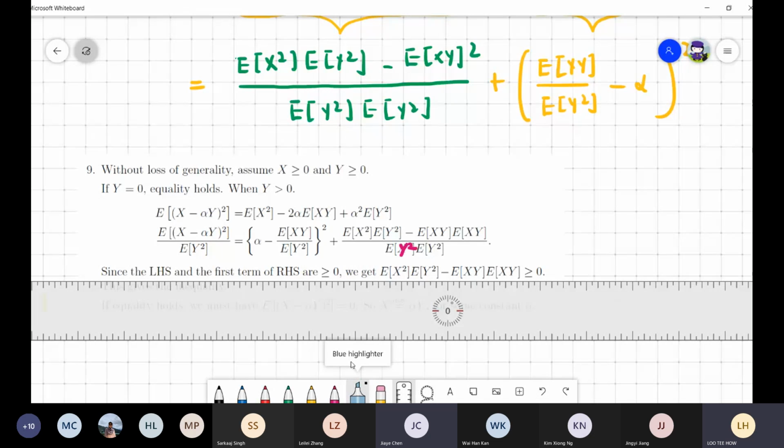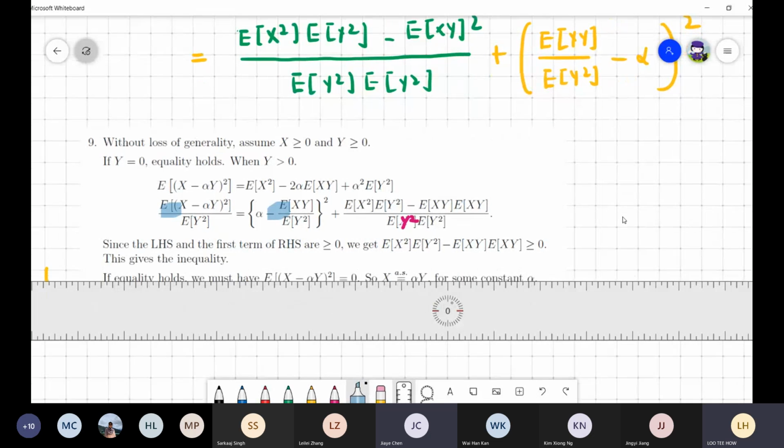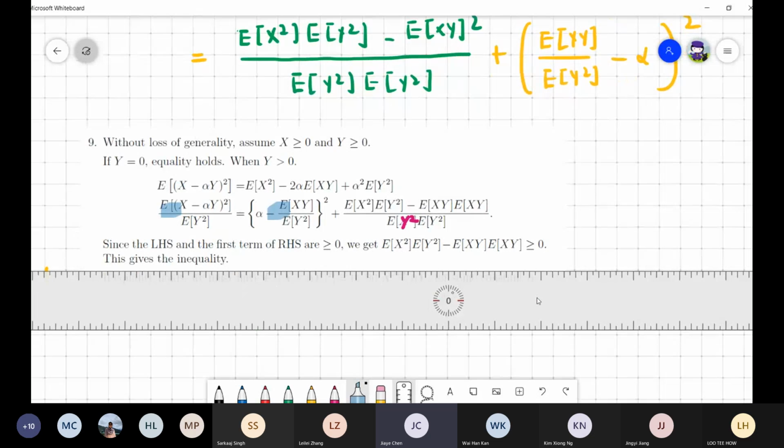These terms are non-negative. This term also, because you have a square, the smallest value will be 0. This is non-negative, so that means this part must be greater than or equal to 0. So this is how we can get the inequality.